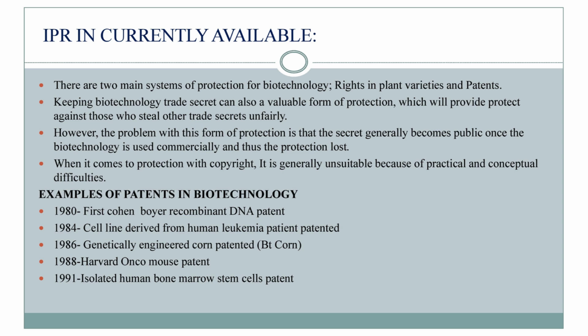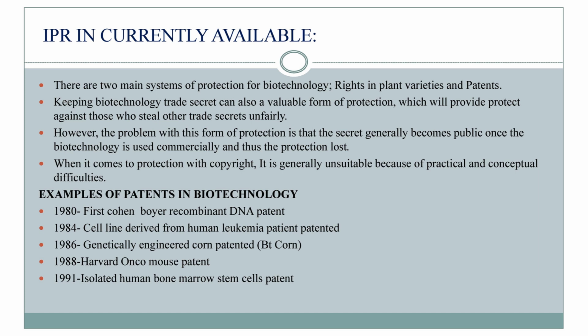Let's look at examples of patents in biotechnology. 1980, first Cohen-Boyer recombinant DNA patent. 1984, cell line derived from human leukemia patient patented. 1986, genetically engineered corn patent, BT corn. 1988, Harvard oncomouse patent. 1991, isolated human bone marrow stem cells patent.